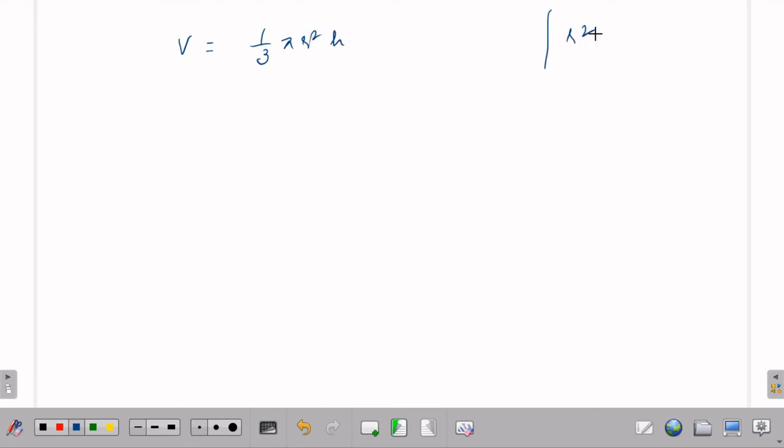Remember, the value for r square, I got it to be 8r square by 9, and the value for h, I got it to be 4r by 3. So I'm just going to put the value. So I got 1 by 3 pi 8r square by 9, and then h is 4r by 3.